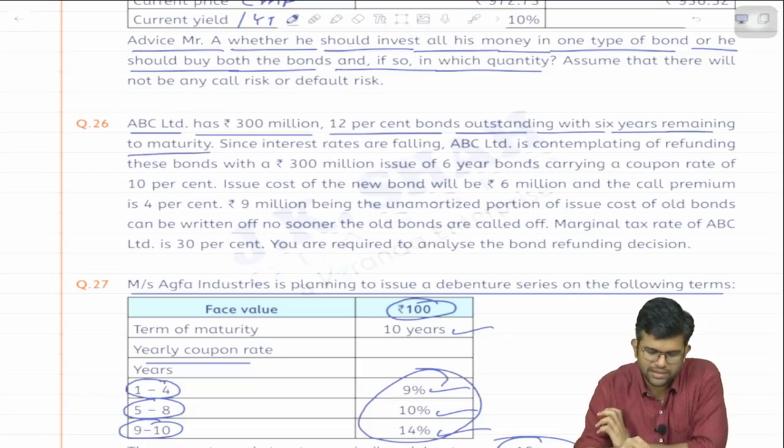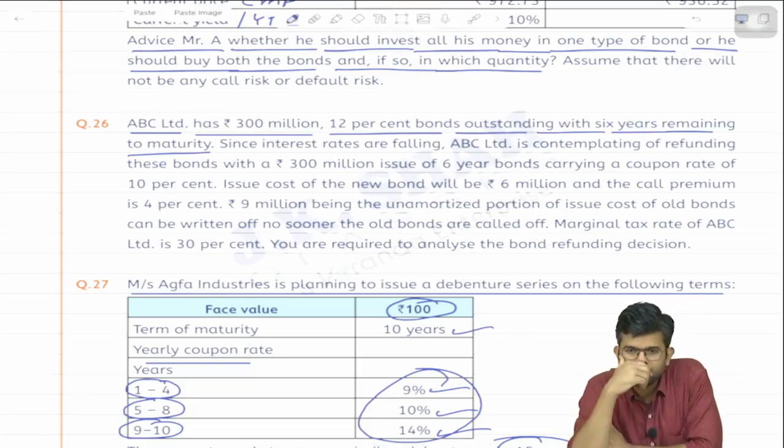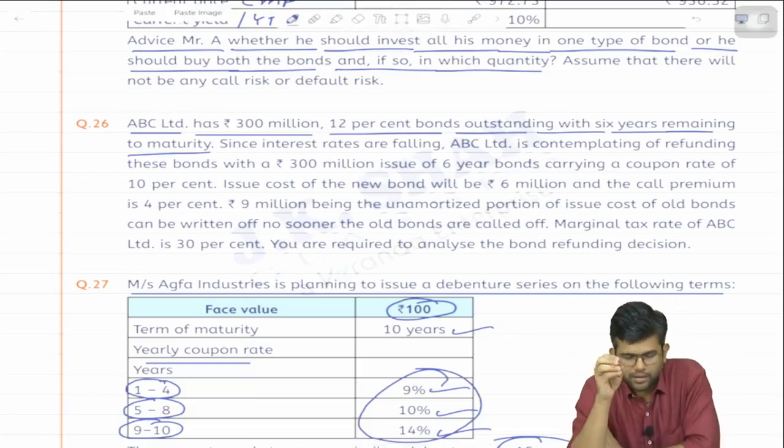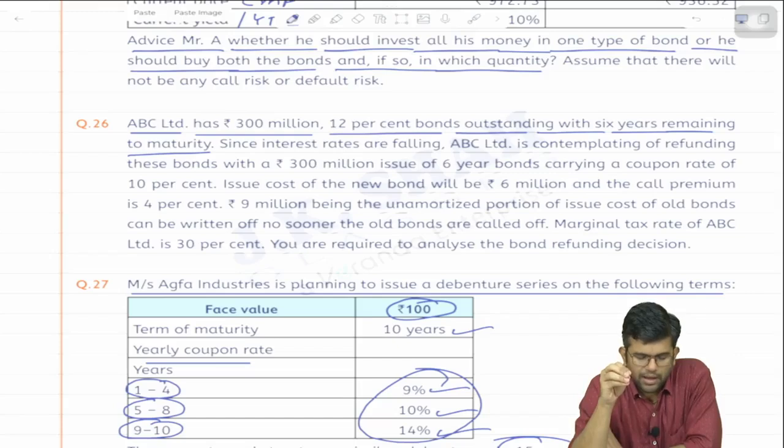Okay, let's understand this story first. I am the company. My name is ABC Limited. In the past, I issued bonds, face value 300 million, coupon rate 12%.